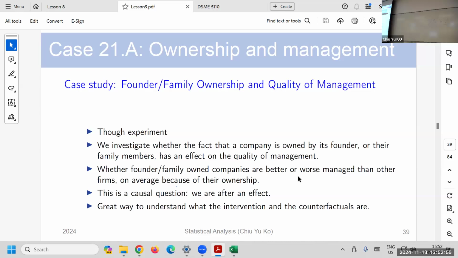Very often a very smart founder, like Elon Musk, owns the company and usually does better. But sometimes you really need a professional to handle the job. If you just give it to the second generation, it probably won't work very well, because they may be the son or daughter of the owner and may not be smart enough, or they fight each other for control. So that's the problem: whether the ownership is better or not.